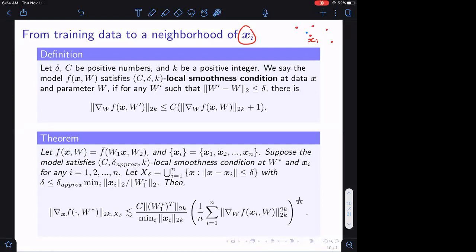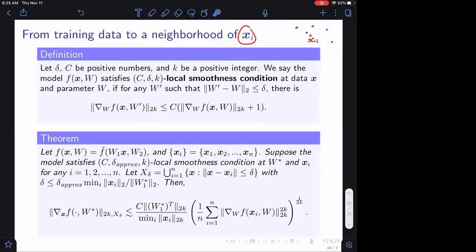To do that, we need one technical assumption, which is that the model function f(x, w) satisfies the so-called C delta K condition. The detail of the condition is not really important, but what it says is that if I change my W by a little bit, if I change the weights of my neural network a little bit, the gradient of the model function should not change too much.